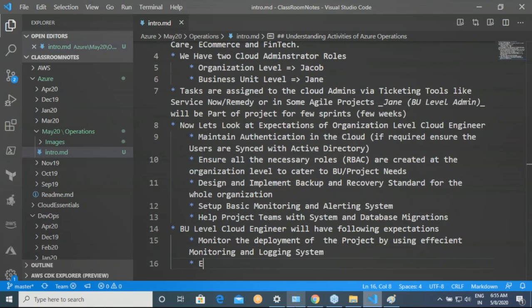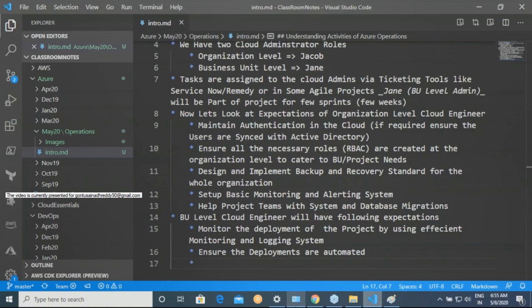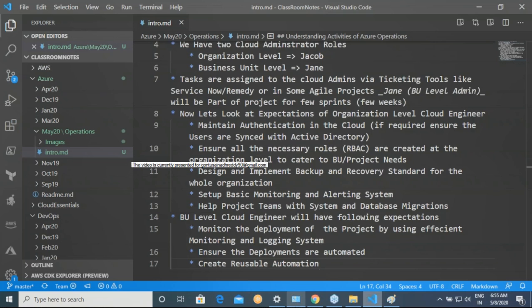All right. Ensure the deployments are automated. Create reusable automation scripts or templates.